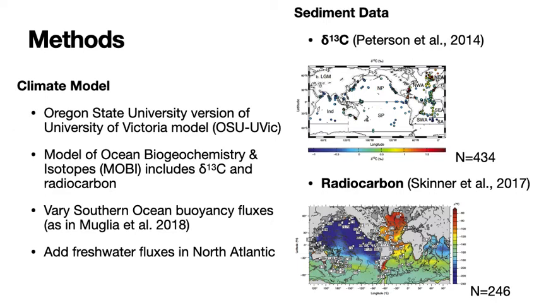This is a three-dimensional ocean circulation model, with a simple one-layer energy balance model, and with that we use the model of ocean biogeochemistry and isotopes, MOBI, which includes the full carbon cycle and other nutrient cycles, but important for this work here, it includes also C13, so carbon isotopes, and radiocarbon as well. And it's these two isotope systems that we will compare with the sediment data, so we'll focus on those.